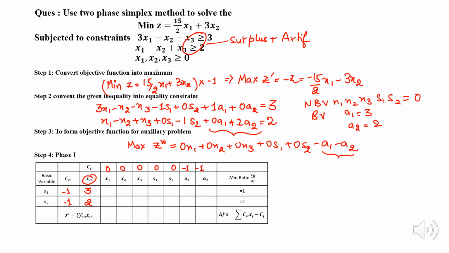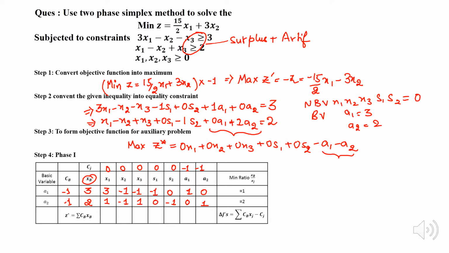Now take the coefficients of the variables from the constraint equations and put them over here. For the first constraint equation, the x1 value is 3, x2 value is -1, x3 value is -1, s1 is -1, this is 0, this is 1, 0. Similarly, from the second constraint equation, the values are 1, -1, 1, 0, -1, 0, 1.